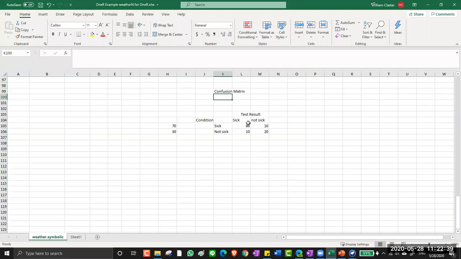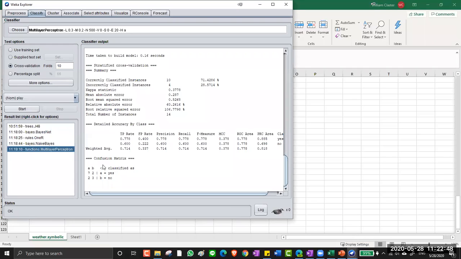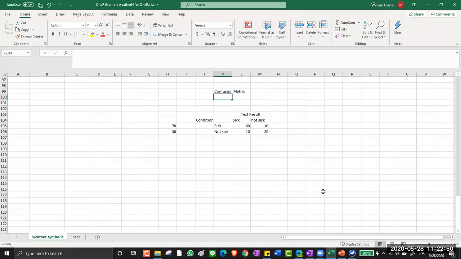The only thing is I don't know if I put it in the same order that they did. They have the test on the top. I happen to do it the right way, just by luck. So I put this along the top and this along the side. I could have put this along the side and this along the top. And actually, if you look it up in Wikipedia, they do it the other way. But anyway, this is a confusion matrix.